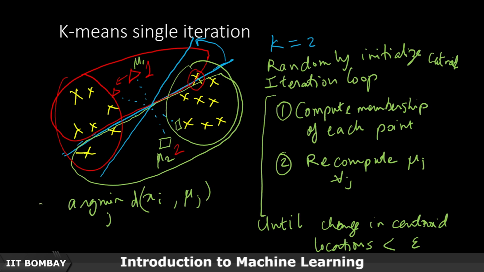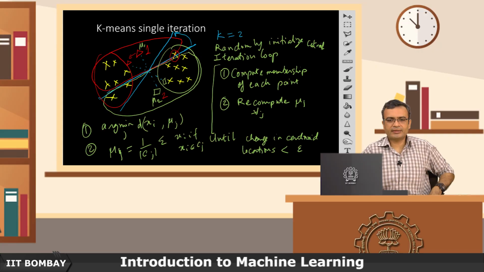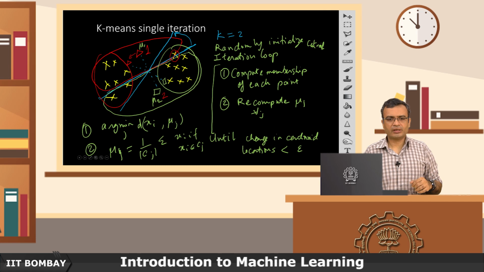Number 2 is that mu j is equal to 1 over the cj membership count, times the sum of xi if xi belongs to cj. So it's just a centroid computation. That is not just a single iteration, but the entire algorithm for k-means.